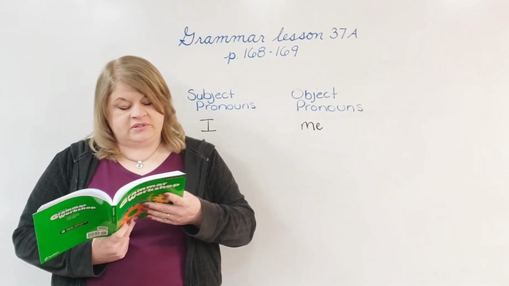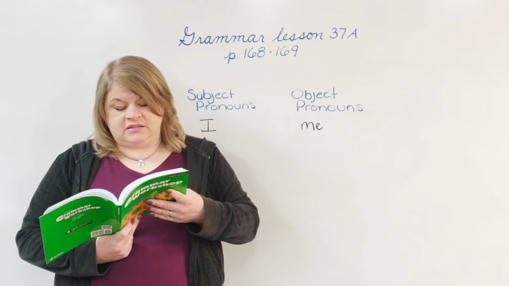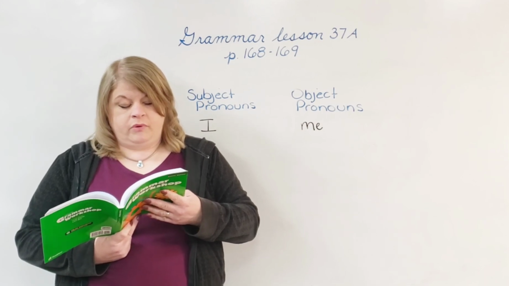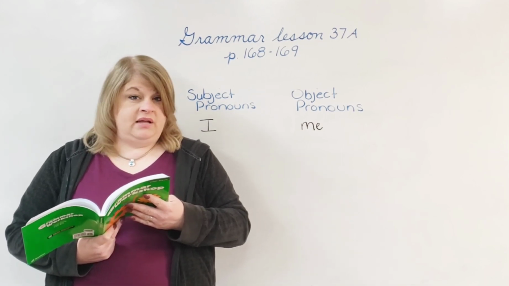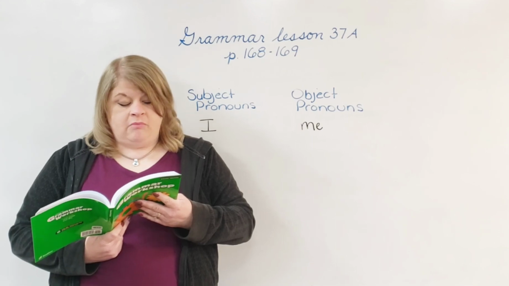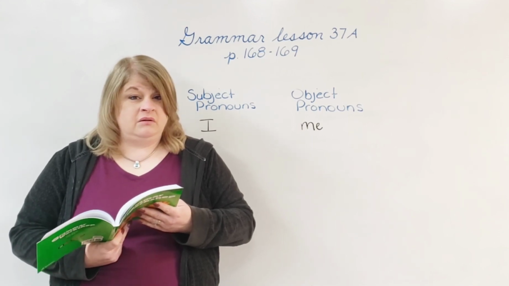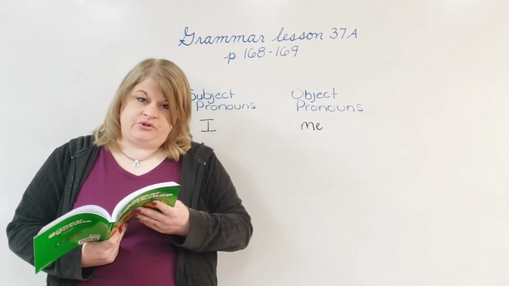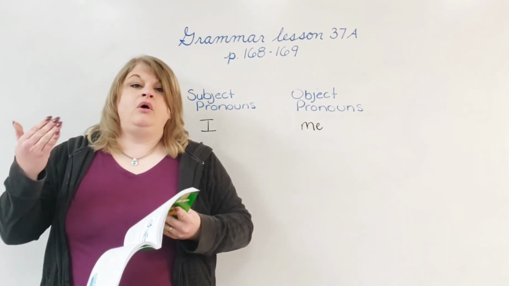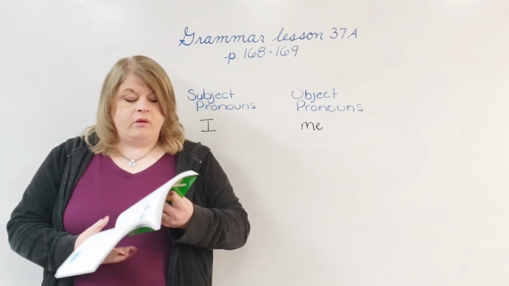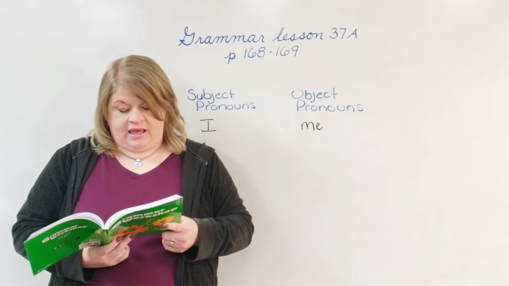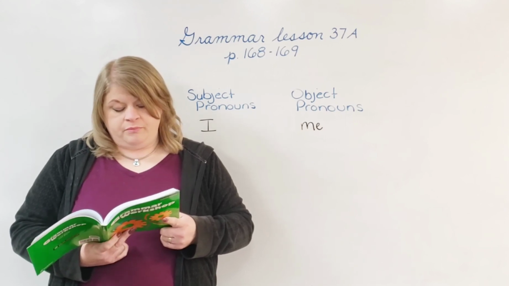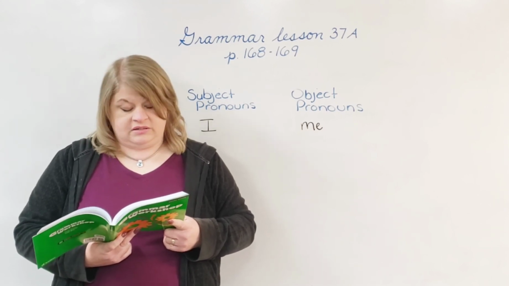This next one says, My mother helped my sister and me. Okay, that is correct. It's not my sister and I. My mother helped I. If you take out the words my sister and, it'll help you to hear what is supposed to be there. Let's look at the practice section A. We're going to write the pronoun in parentheses that correctly completes each sentence.